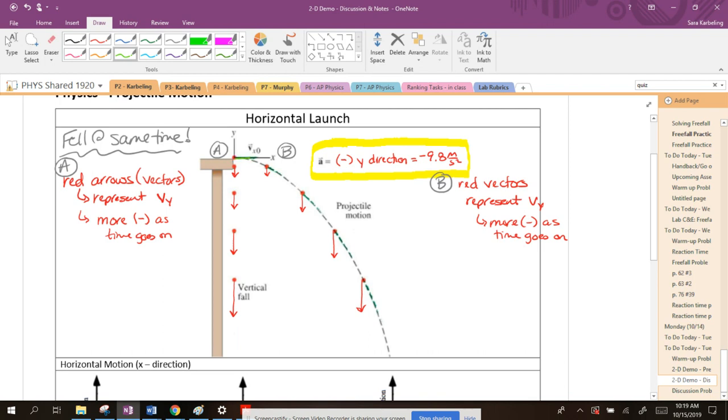So it's given this initial velocity in the x direction. And that velocity in the x direction is going to be the same the whole time. This one's even harder because I have to draw them all the same. But it's the same the whole time. Okay? Here are the green vectors.